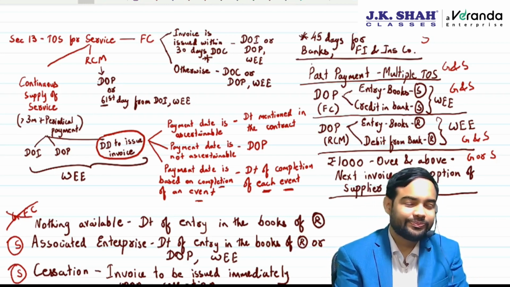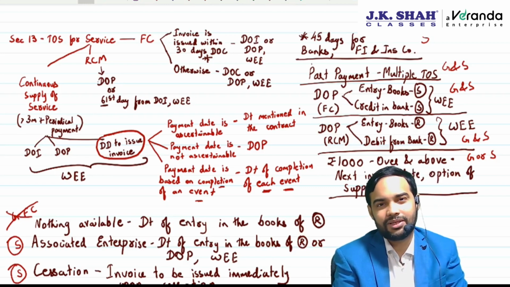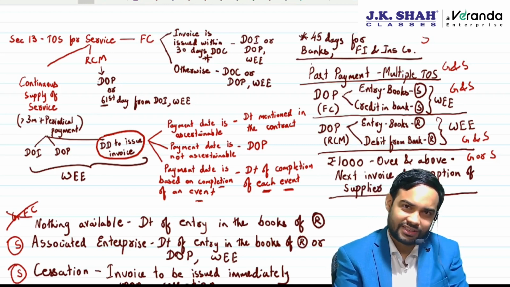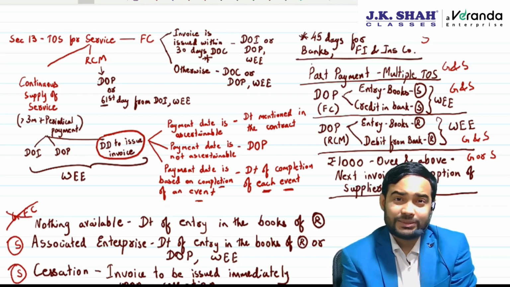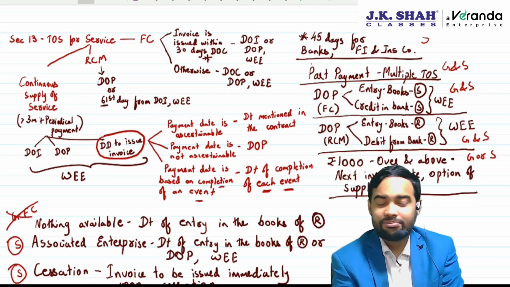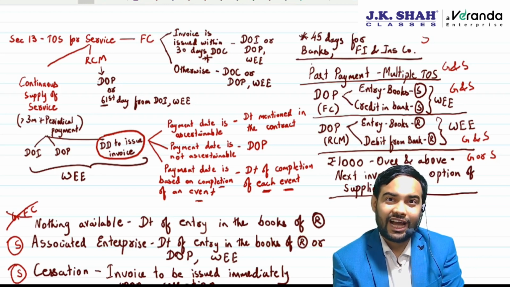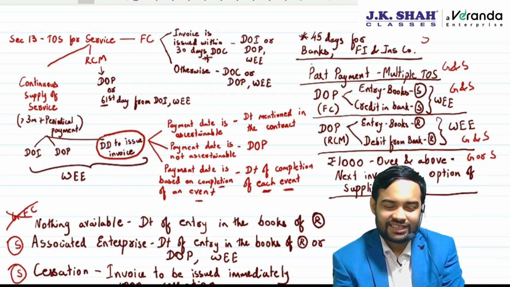Continuous supply, invoice, payment or due date to issue invoice, which can be based on ascertainable, not ascertainable and based on completion. Ascertainable, we understood a circular on spectrum and payment date based on completion, this HAM contract. Hybrid annuity model where national highways are being made.